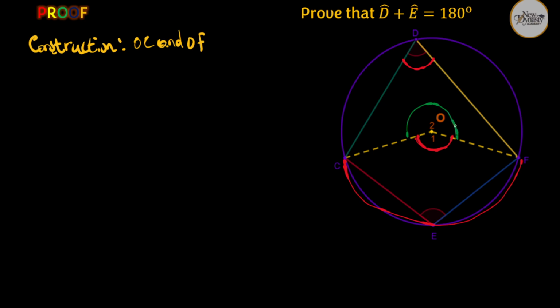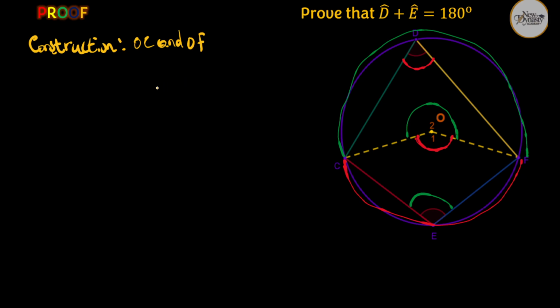Look at the shape of the arc, and they are subtended by this big arc. So it means that O2 is twice the angle at the circumference, which is E. So that's how you identify the angles at the center in relation to the angle at the circumference, using the theorem that says angle at the center is twice the angle at the circumference.